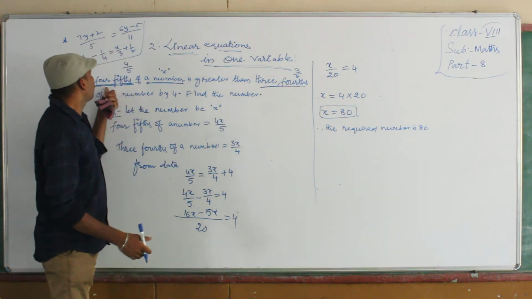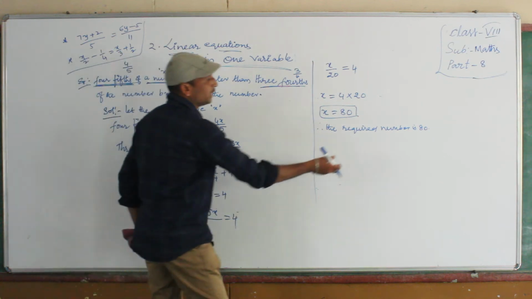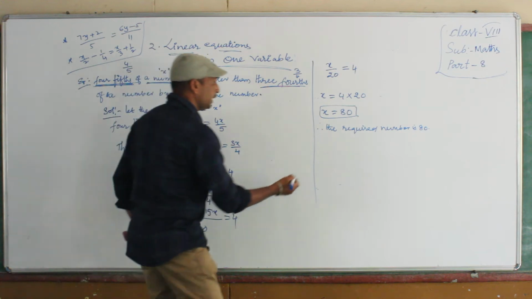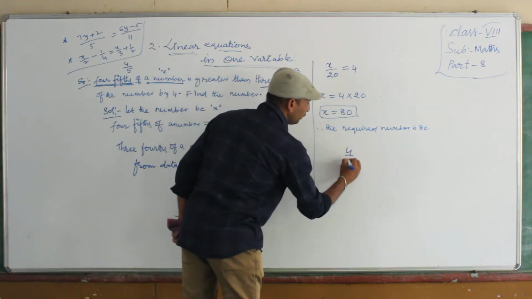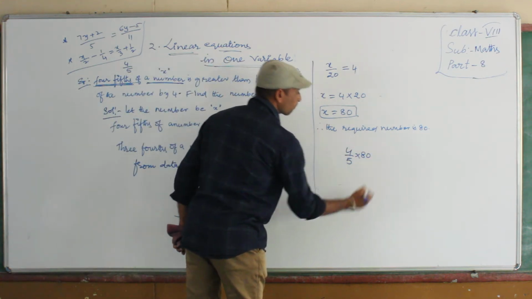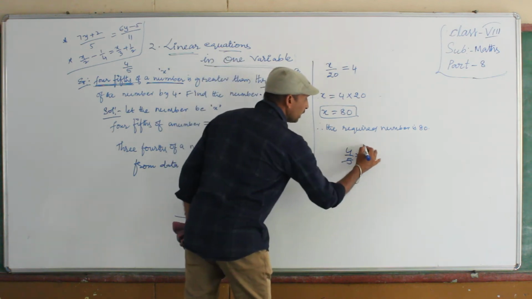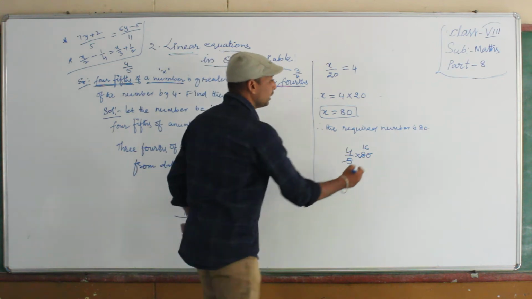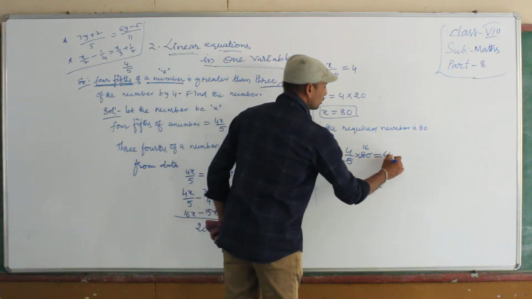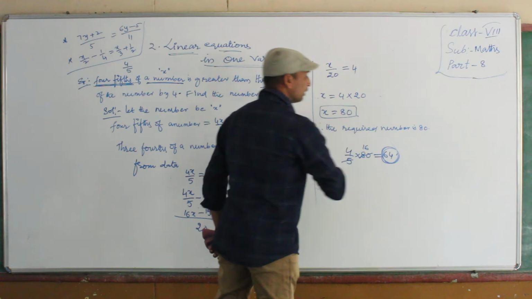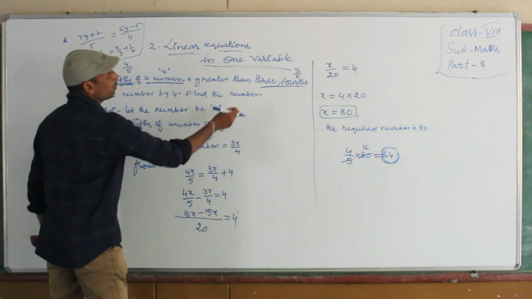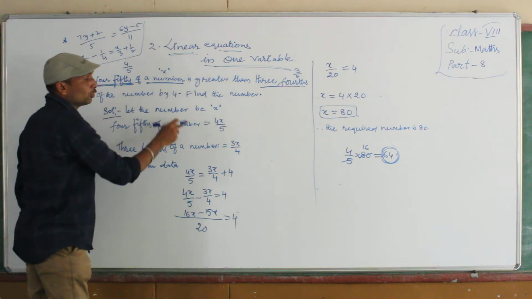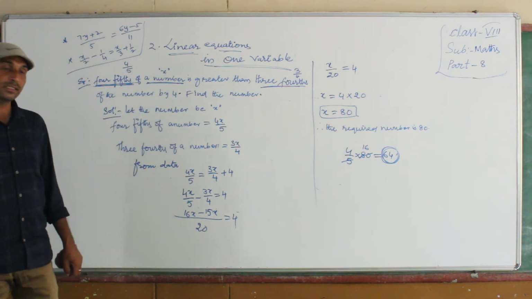Once we check whether the answer is right or wrong. 4/5 of the number: 4/5 into 80, 5 16s are 80, so 16 4s are 64. Then 3/4 of the number, and if you add 4, we should again get 64.